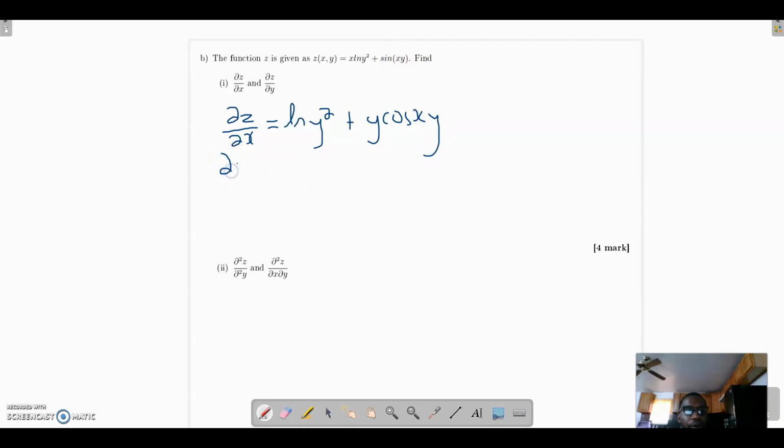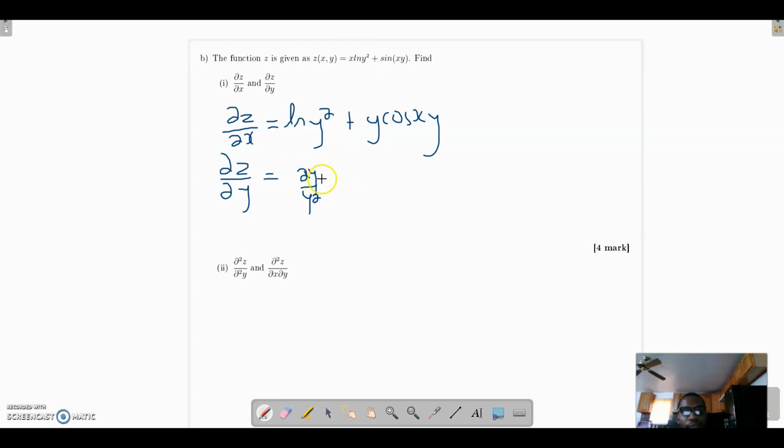Similarly, when I find the partial derivative of z with respect to y, I'm going to be treating the x as a constant. So this x that is attached to the ln y squared, you're thinking of that x as a constant. It's not going to be affected. So you're going to differentiate the ln y squared. When I differentiate ln y squared, I'm going to end up with 2y over y squared. Good?